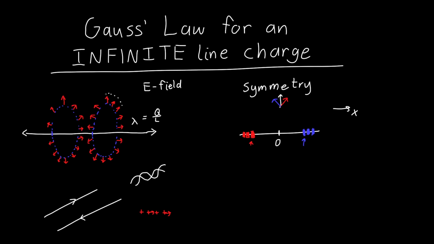So the electric field is always pointing outwards away from the line charge. This is called cylindrical symmetry. So we're going to want to use a cylinder as our Gaussian surface, because this gives us the greatest amount of symmetry. And the cylinder is going to be centered about our line charge.